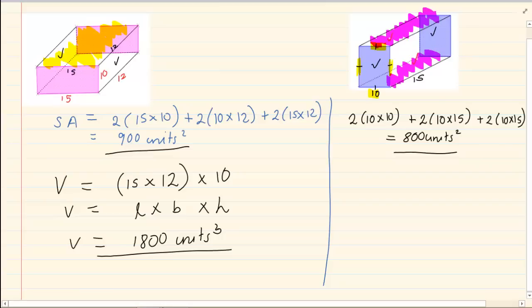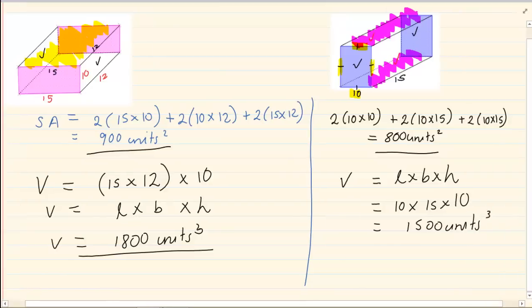If we're doing the volume of a square base prism, it will be the same thing. Volume is equal to length times breadth times height, which is 10 times 15 times 10, which is equal to 1500 units cubed. Now looking at a summary, what do we have?